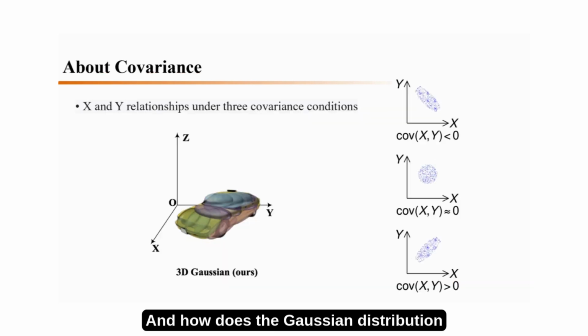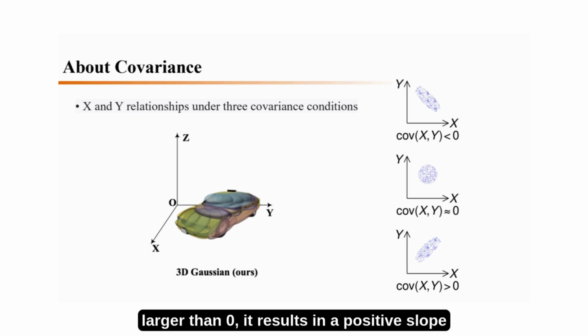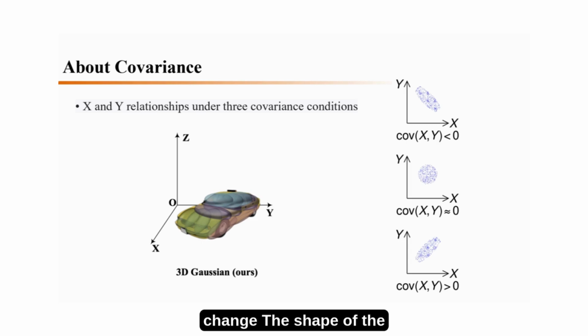And how does the Gaussian distribution change its shape? If cov xy is less than 0, it causes a negative slope change, and if cov xy is larger than 0, it results in a positive slope change. The covariance matrix defines the shape and the direction of a Gaussian distribution.